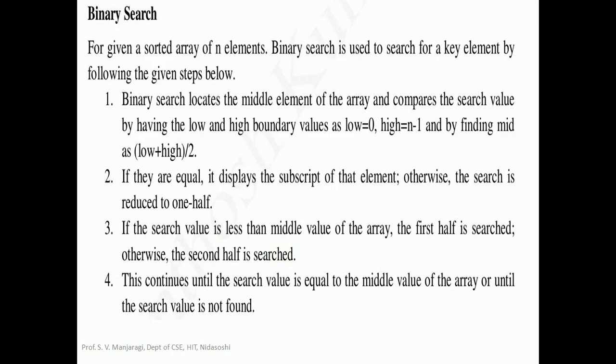The elements that come before the middle element are called the first half of the array. The elements that come after the middle element are called the second half. The elements of the first half will be smaller than the middle element because the elements are sorted in ascending order, and the elements that come after the middle element are greater than it.